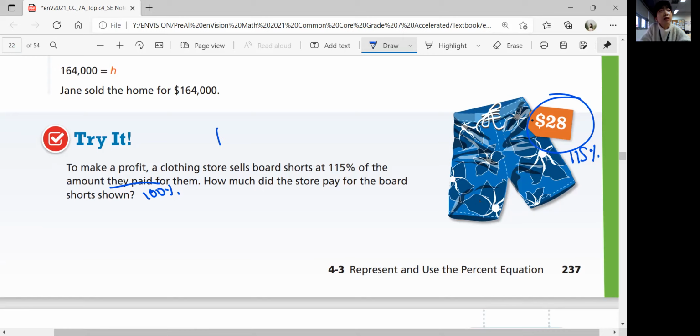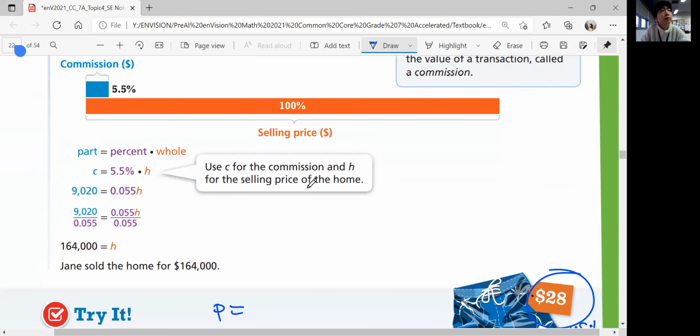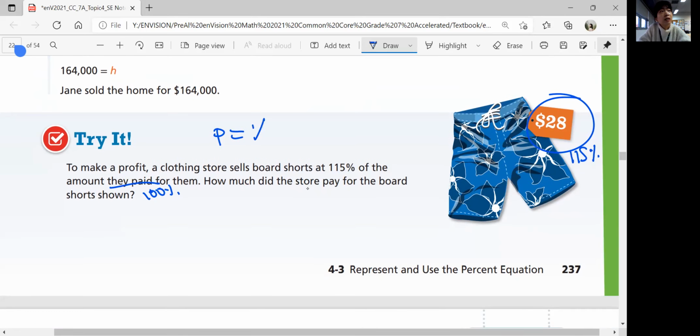Use the part equation. Part is equal to the percentage times the whole, right? So your part actually represents the money, not the percent. Your whole represents the money, not the percent. Only your percent represents the percent.